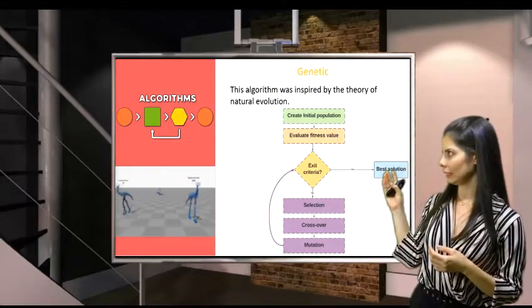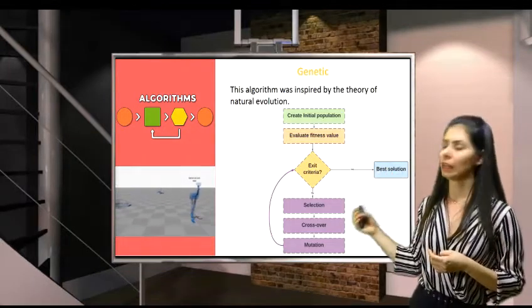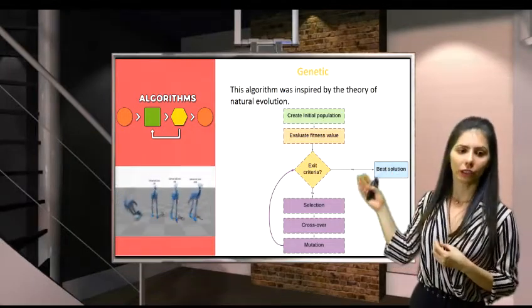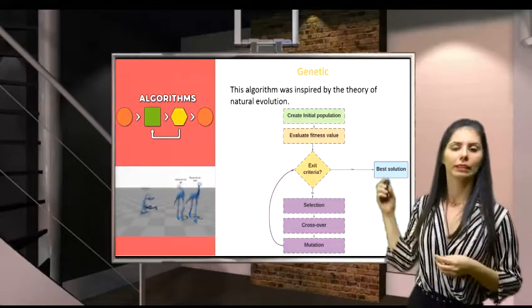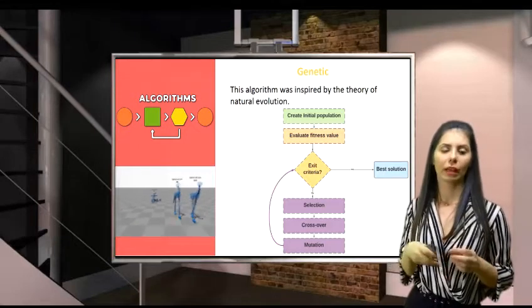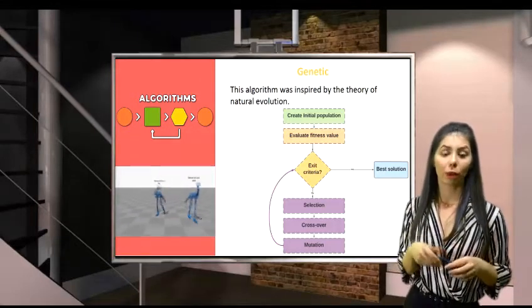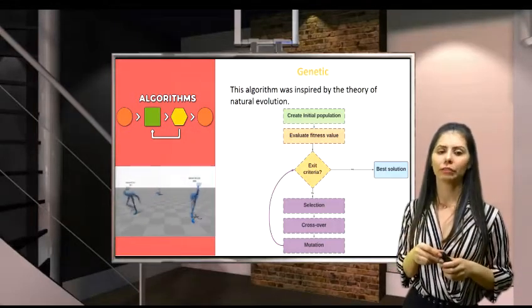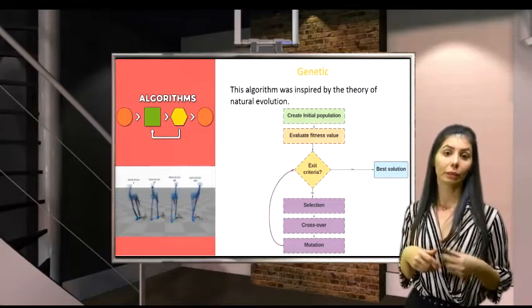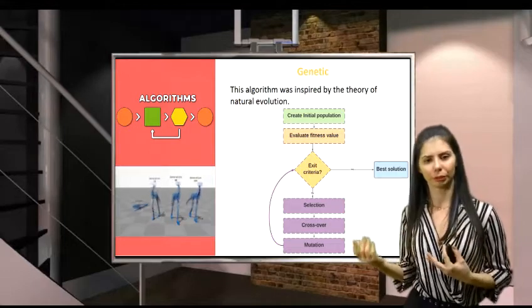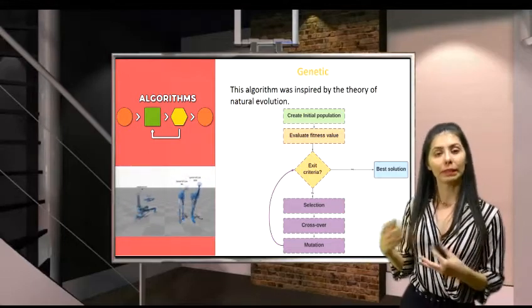As you can see in this flowchart, the algorithm initially generates a set of individuals which is named population. Each individual is qualified according to a fitness value, and the exit criterion can be the maximum number of repetitions. This number depends on the problem.